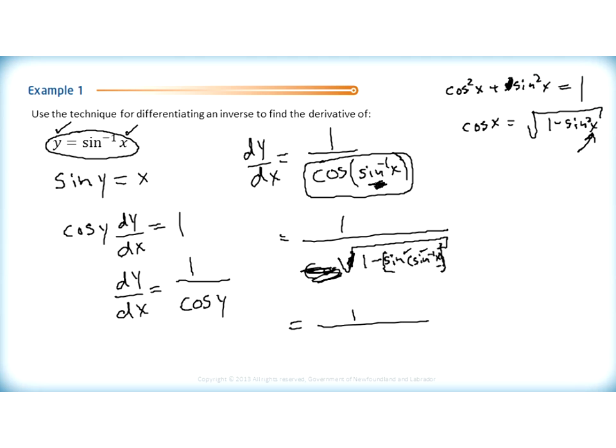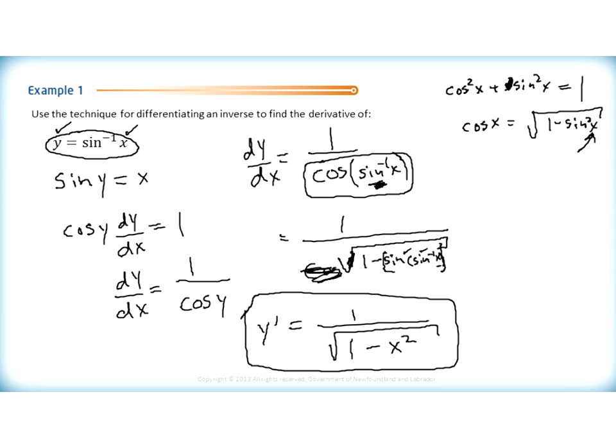So what we have here is 1 over the square root of 1 minus x squared. And that's the formula that we use to say if y equals inverse sine of x, then the derivative y prime, or dy over dx, is 1 over the square root of 1 minus x squared.